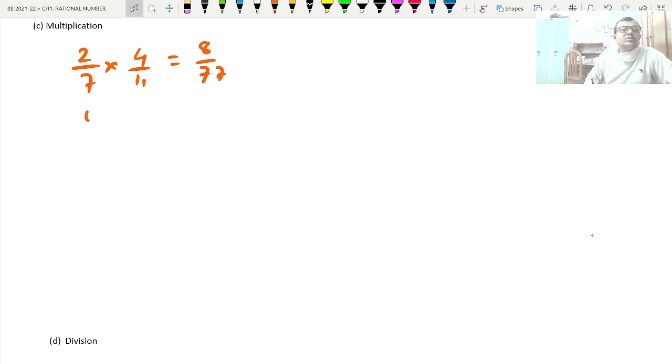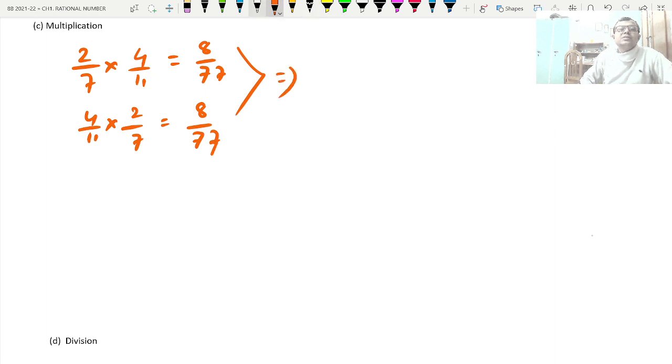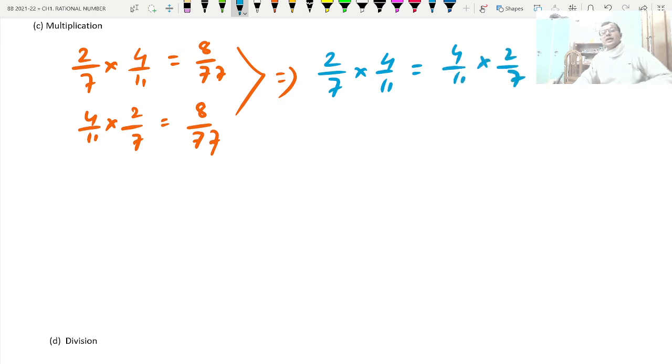In reverse order, 4 by 11 into 2 by 7 is also 8 by 77. So 2 by 7 into 4 by 11 is equal to 4 by 11 into 2 by 7.